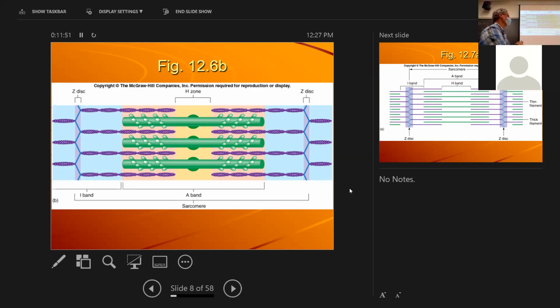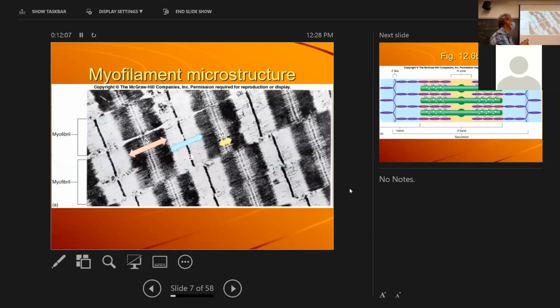The thin filaments overlap with the myosin thick filaments, at least partly. And so this I band is really the portion where you only have actin. And that's why it doesn't have nearly the color or the mass that you have with the thick filaments.